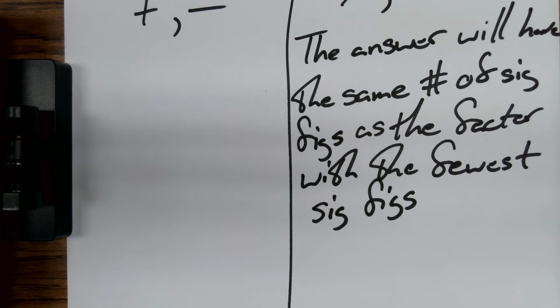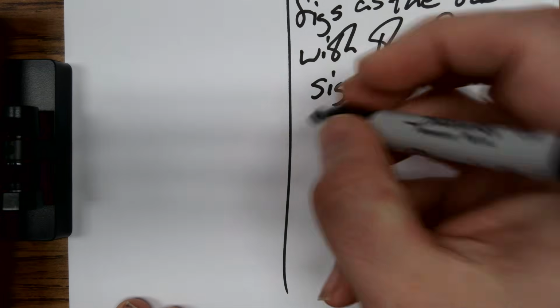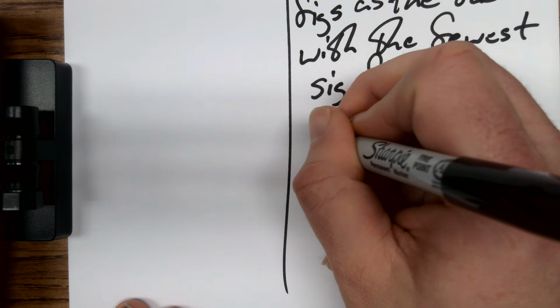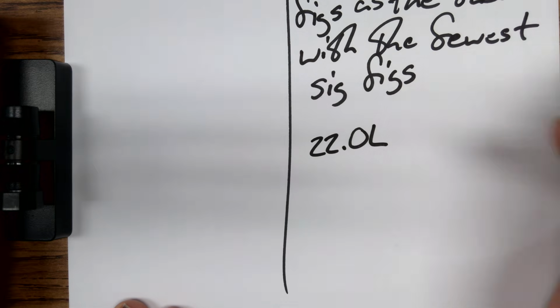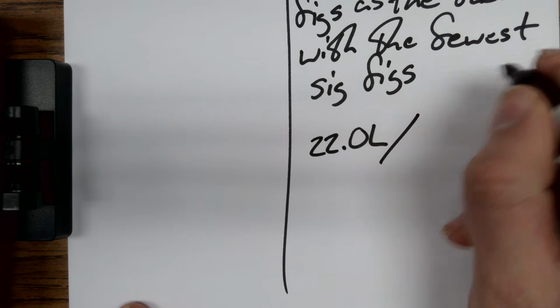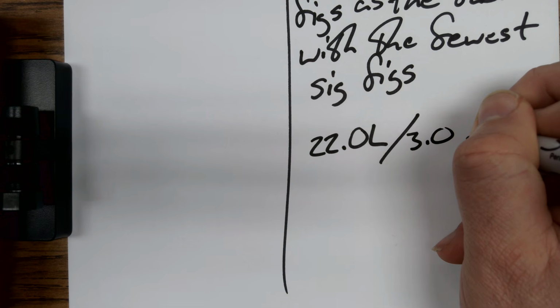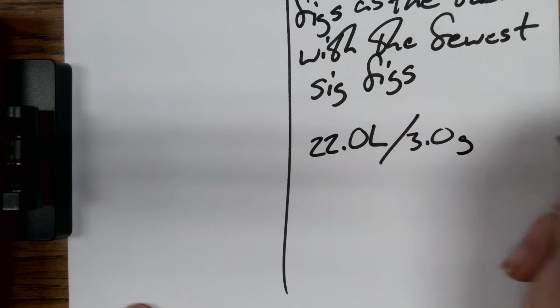So let's see this in practice. Let's say I have a calculation. In my calculation, I have 22.0 liters divided by 3.0 grams.